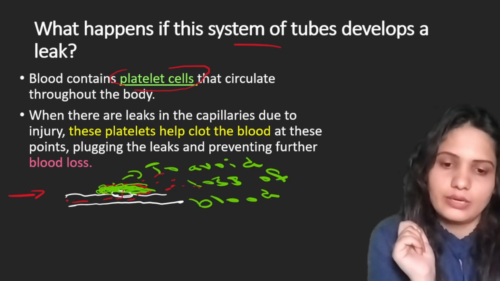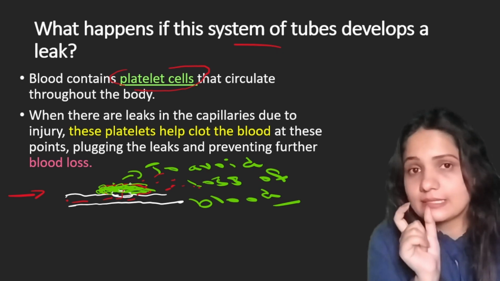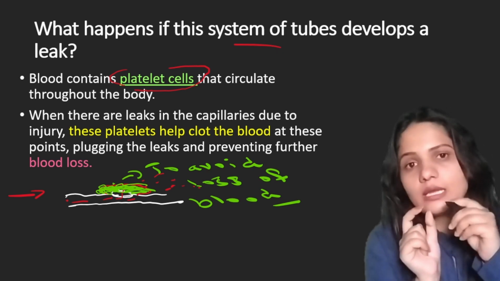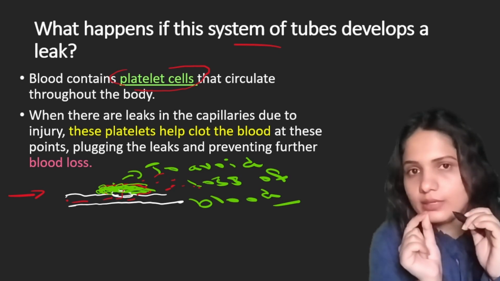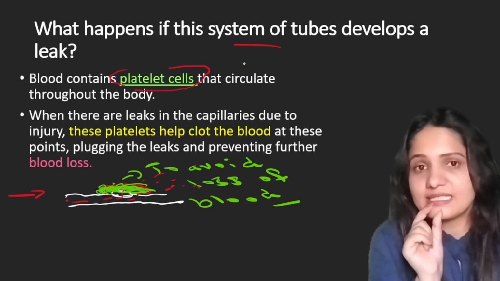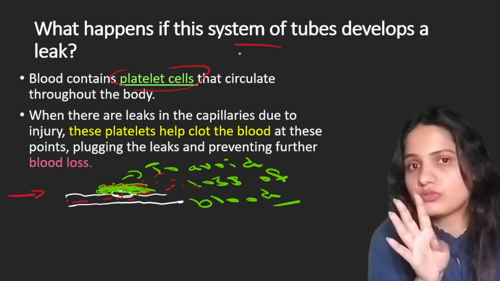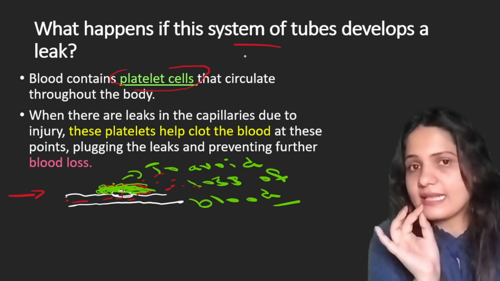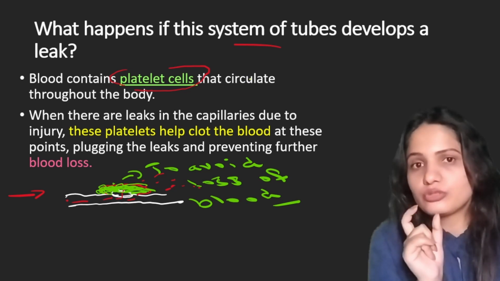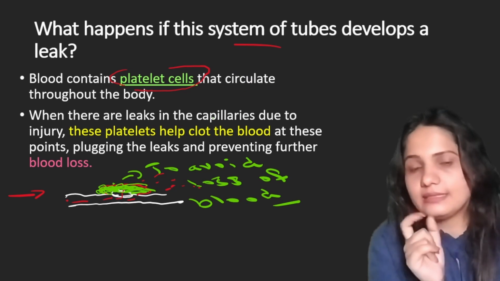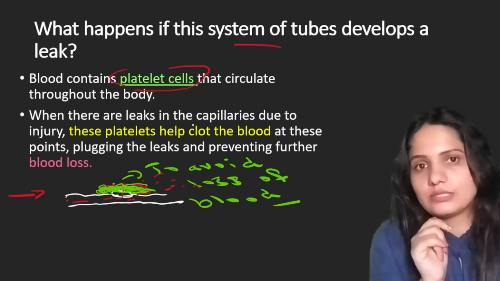To avoid loss of blood, platelets clot or plug. Clot or plug means they clot the leakage point. And these platelets are present in blood. As I told you in the previous slide, the components of blood are plasma, cells, and platelets. So these are the components which clot when there is any leakage in the blood vessel, and they prevent the loss of blood this way.